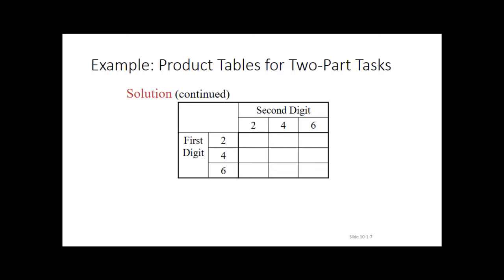We have the first digit on the vertical side on the left, and then the second digit going across the horizontal. Each one can be a 2, a 4, or a 6. So we have the case where the first digit and the second digit are both 2s, so 22. And then 2, 4, so 24, 26, and so on, continuing throughout the whole chart. We get all the different possibilities.